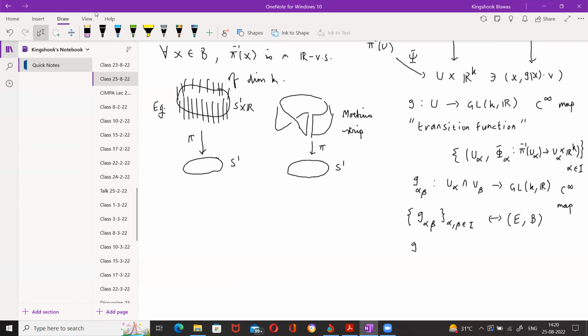So it satisfies the cocycle conditions: g alpha beta times g beta alpha is identity, and also g alpha beta, g beta gamma, g gamma alpha is identity. So once you have this transition function satisfying these cocycle identities, then you can define a vector bundle using them.